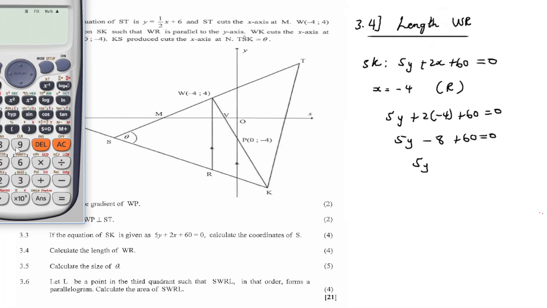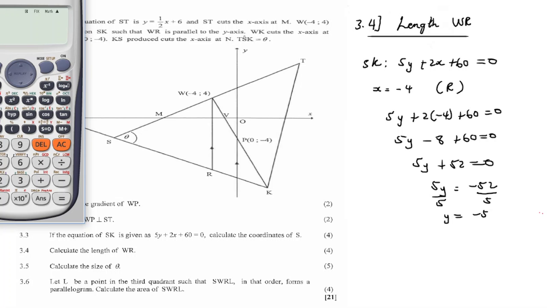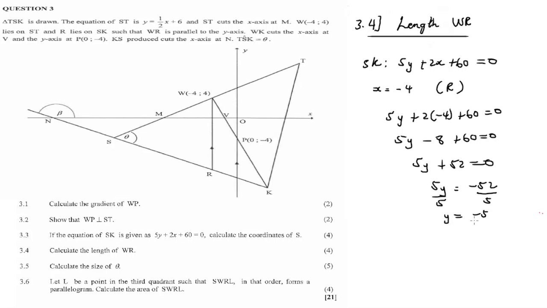Negative 8 plus 60 is positive 52, and moving it across, 52 becomes negative 52. Divide both sides by 5, y is equal to negative 52 divided by 5. Okay, it's a fraction.